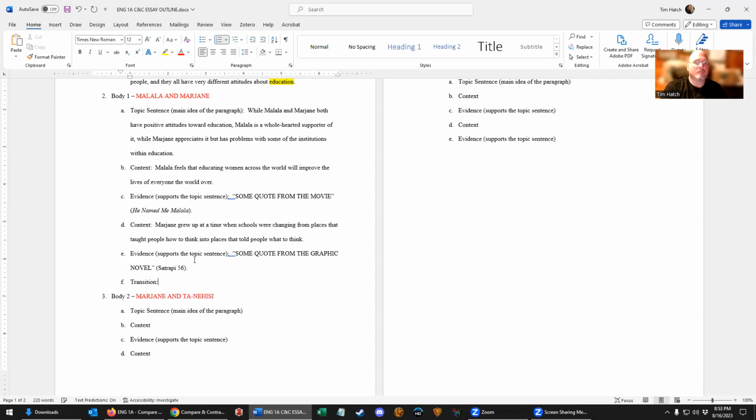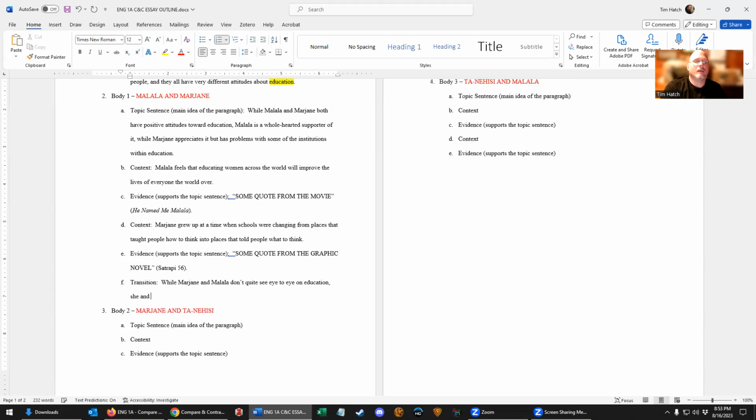Let's see. So the transition would be something like, well, while Marjan and Malala don't quite see eye to eye on education, she and Ta-Nehisi see things a little more in common, because Malala has problems with some of the institutions in education, and Ta-Nehisi, of course, has a lot of problems with classrooms.